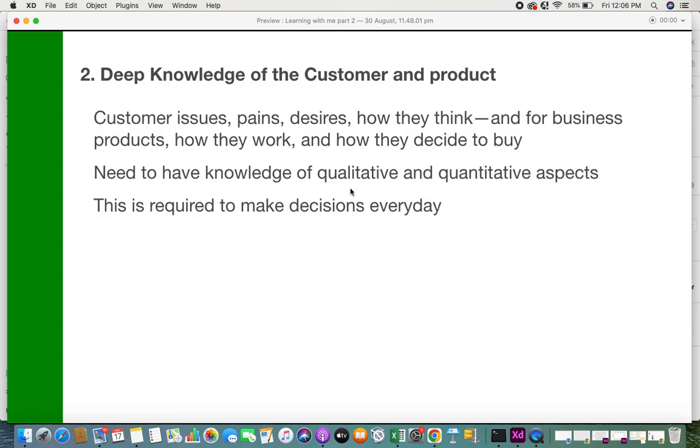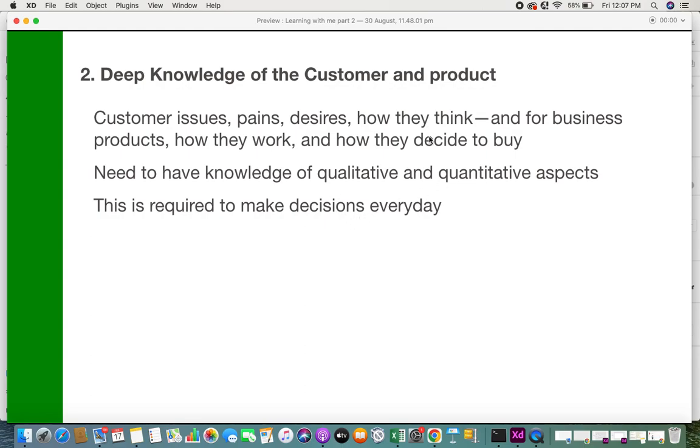So when you look at the qualitative aspects, it's all about what customers feel, desire, what are their pains, and stuff like that. When you look at the quantitative aspect, it's more about understanding the amount of customers thinking or feeling a way, things like that. So it's very important.